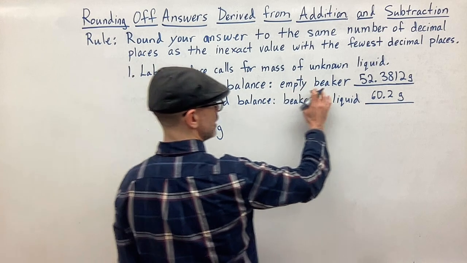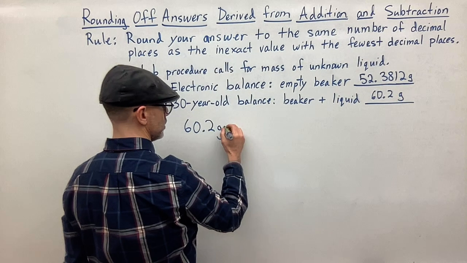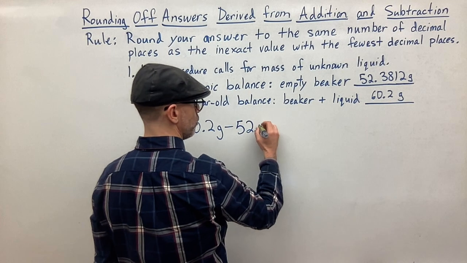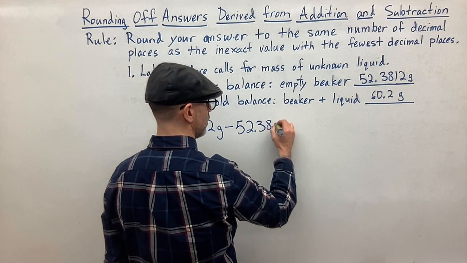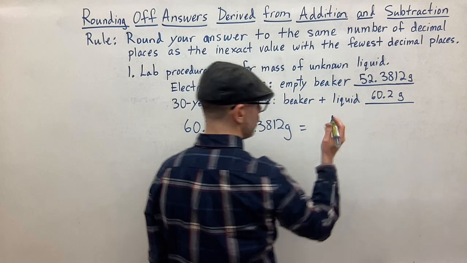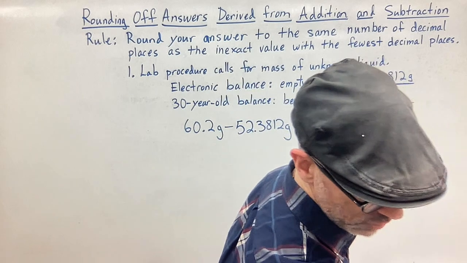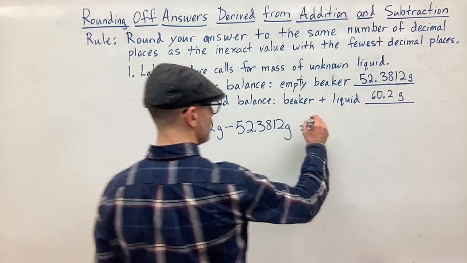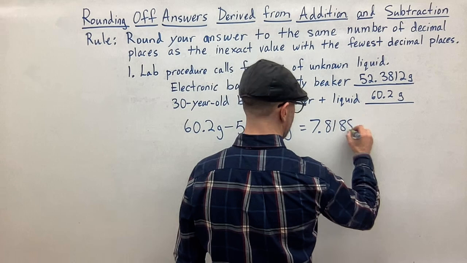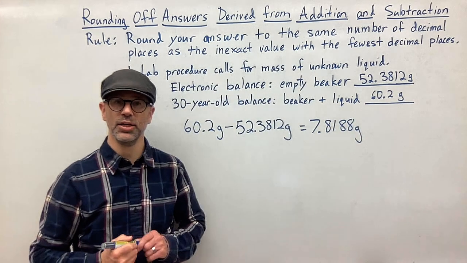So we're going to subtract out 52.3812 grams. The calculator gives us the answer: 7.8188 grams of mass. That's what the calculator gives us.